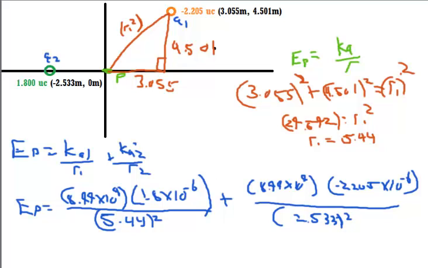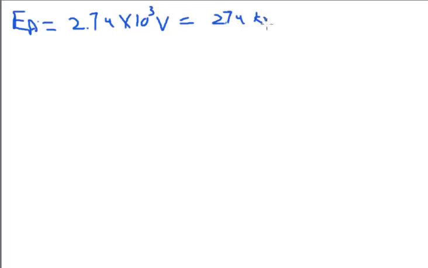I'm going to just jump to another layer here to make it easier. If you add those two up, you end up getting that the electric potential is equal to 2.74 times 10 to the third volts, or 2.74 kilovolts. Simple enough. That was the easiest part.